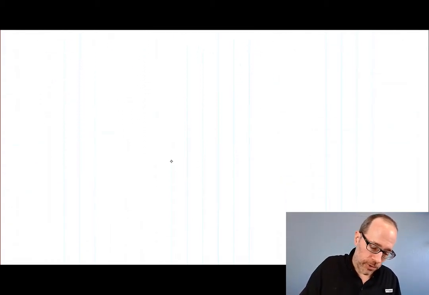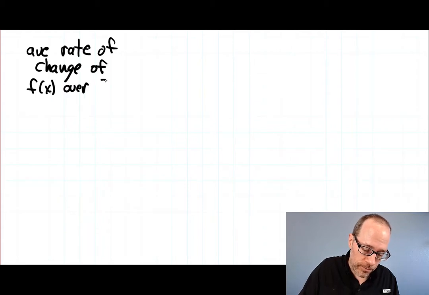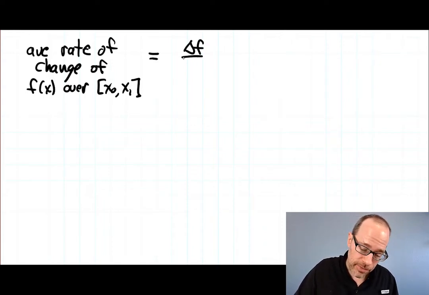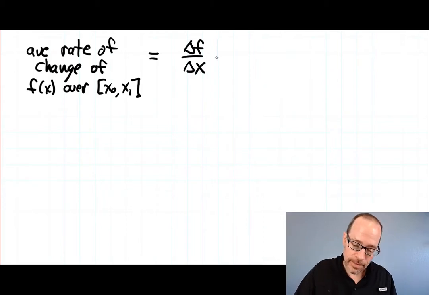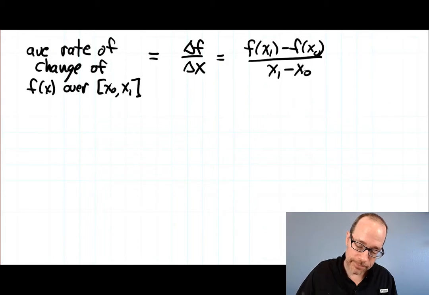So for a general function f of x, the average rate of change of a function f of x over some interval x0 to x1 is just, in shorthand, the change in f all over the change in x. In long form, f of x1 minus f of x0 all over x1 minus x0.